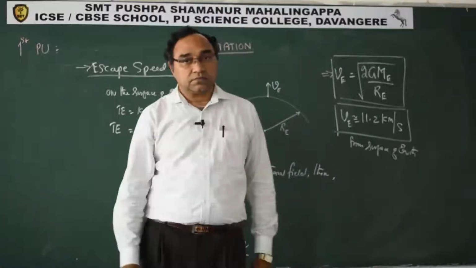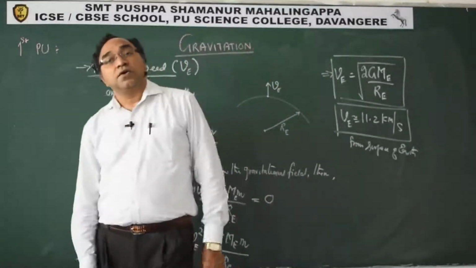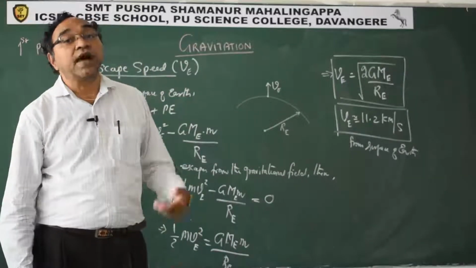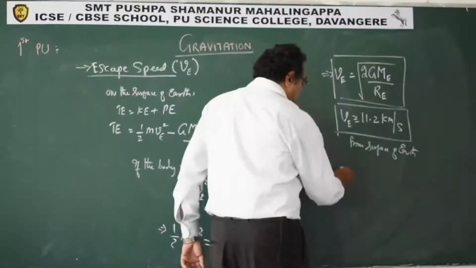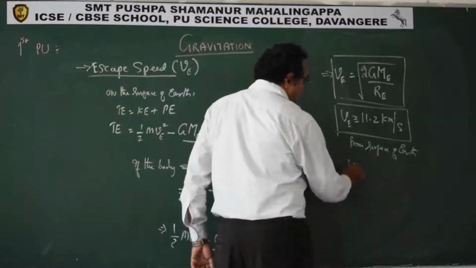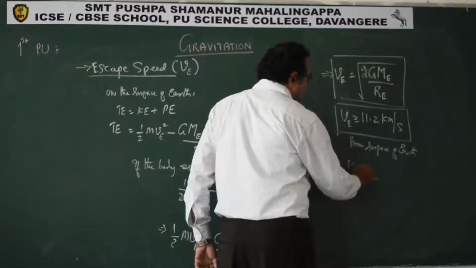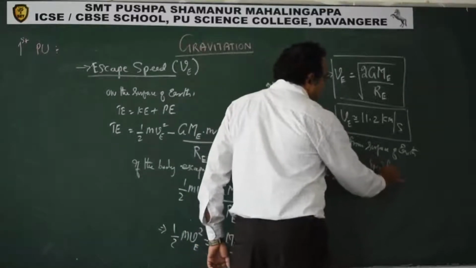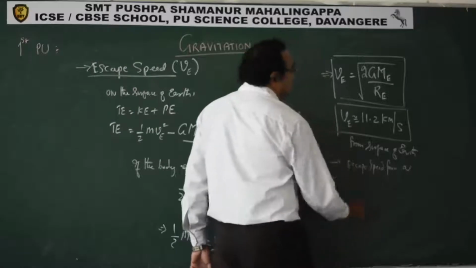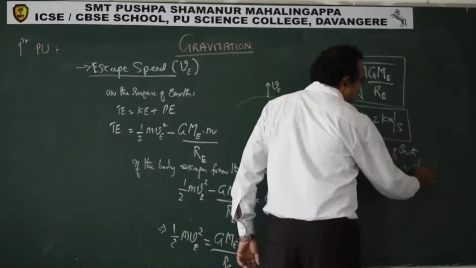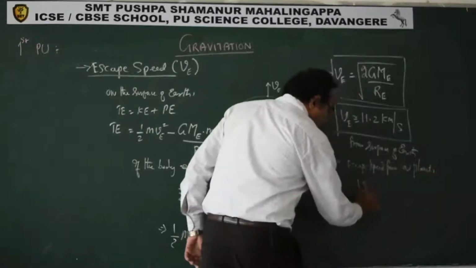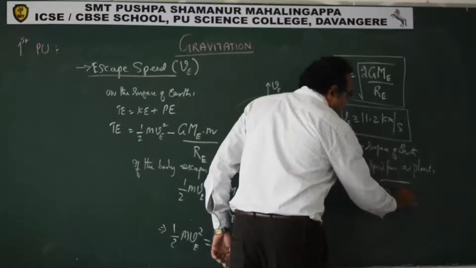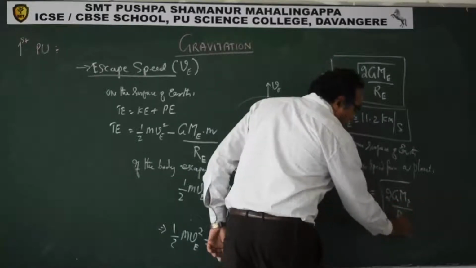Now suppose any other planet is given, then what will be the escape velocity from that planet? We can say the escape speed from a planet P is root of 2 G, mass of the planet upon radius of the planet.